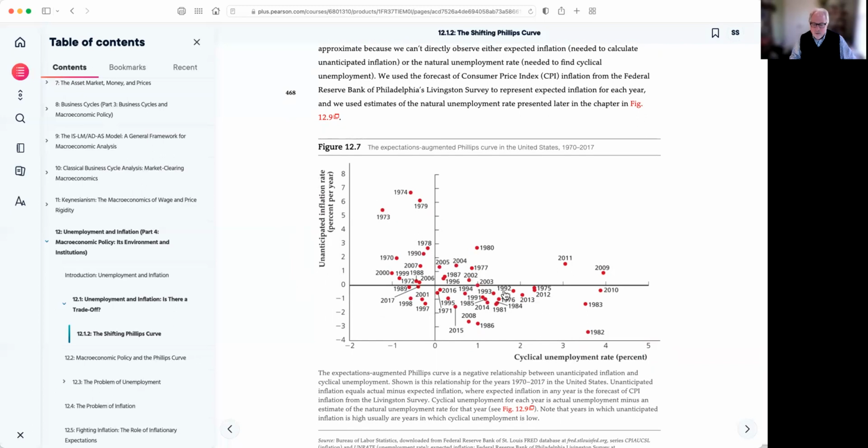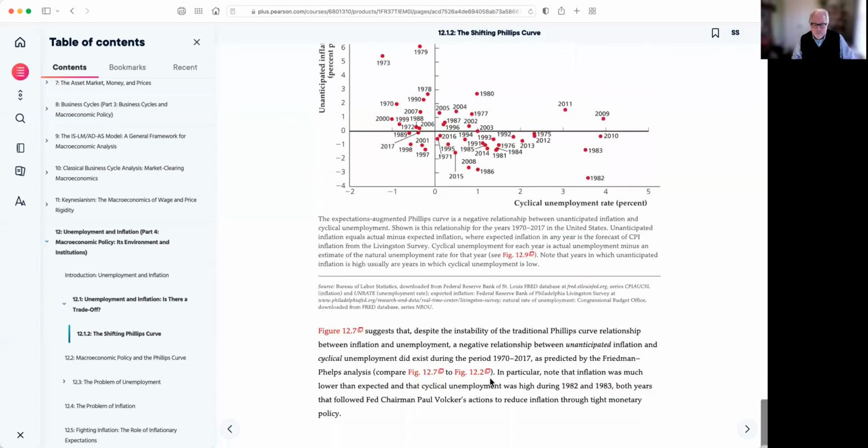With those two things in mind, moving to think about cyclical unemployment and unanticipated inflation rather than actual inflation, we get back somewhat this negative relationship between unanticipated inflation and cyclical unemployment.